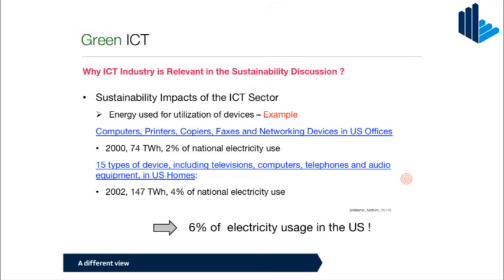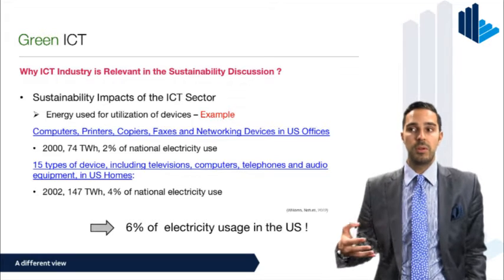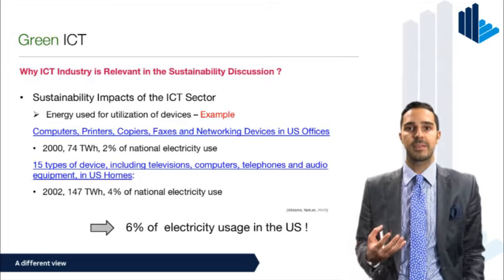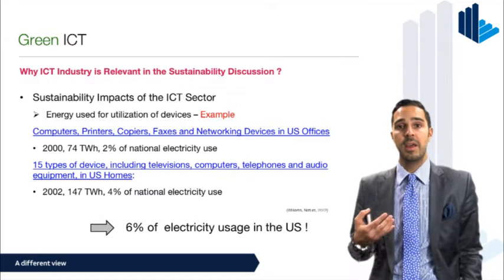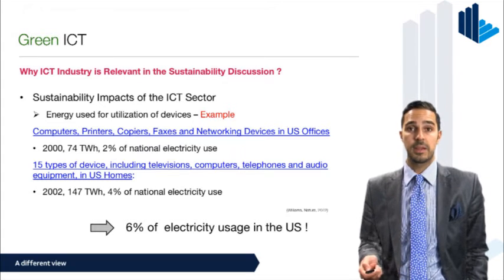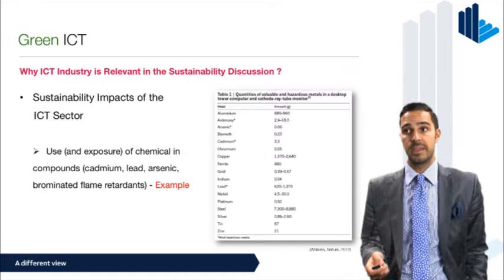If you extend this to 15 types of devices, including televisions, computers, telephones, and audio equipment in US homes, in 2002, this accounted for 4% of the national electricity use. This means that overall, the use of these devices accounts for 6% of the electricity usage in the United States. So a very relevant impact of the industry.